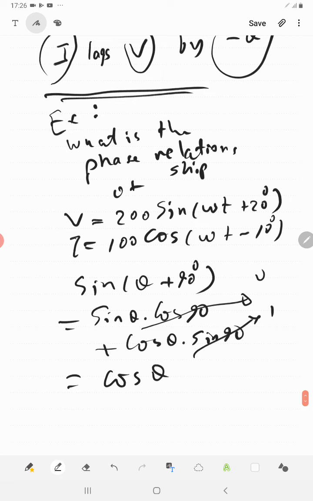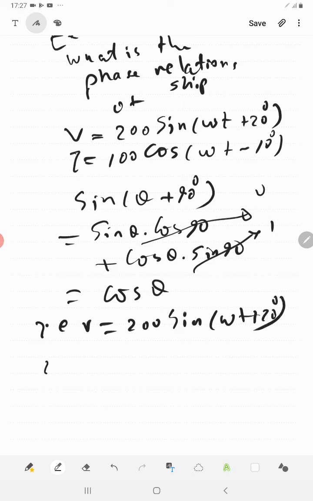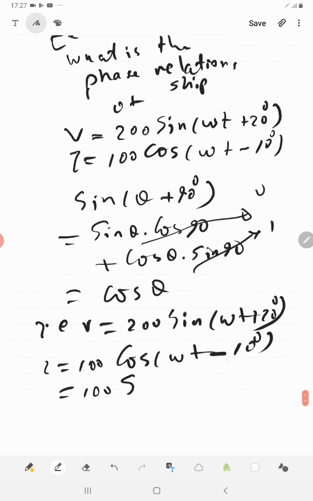So if we want to change cosine to a sine, we add 90 degrees. V equal 200 sine omega t plus 20 degrees, we keep it. But I is equal 100 cosine omega t minus 10 degrees, we change it to sine.